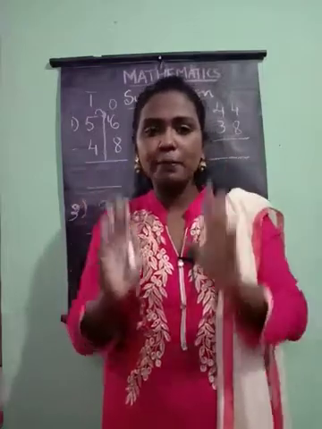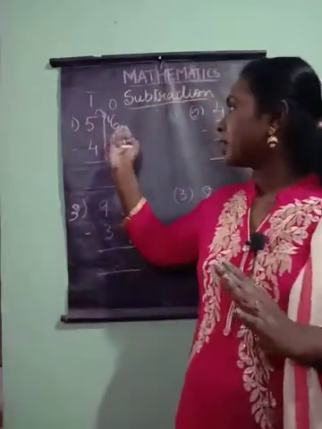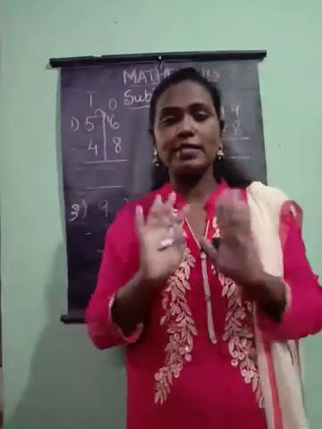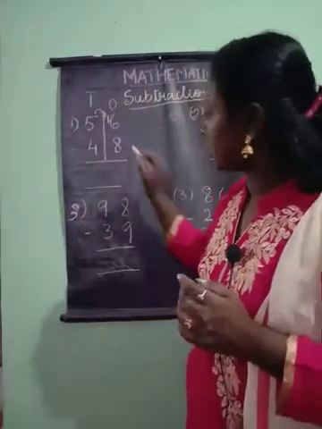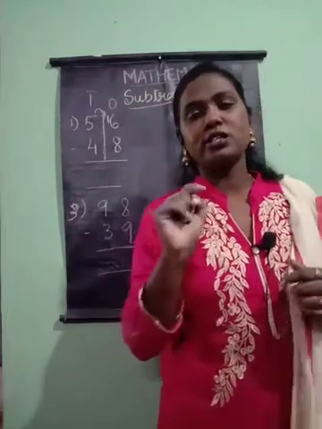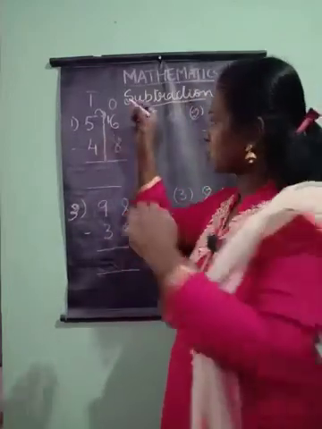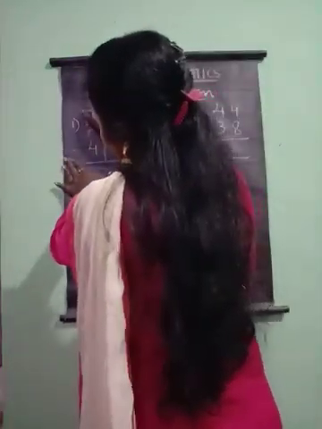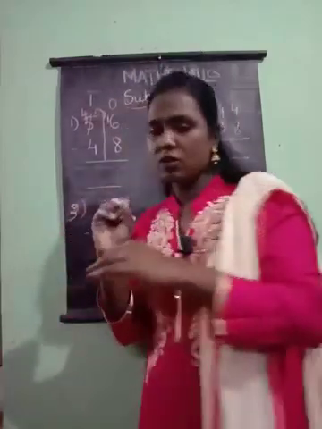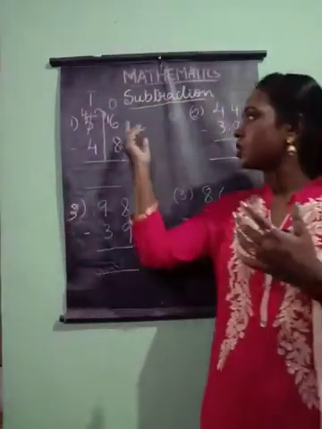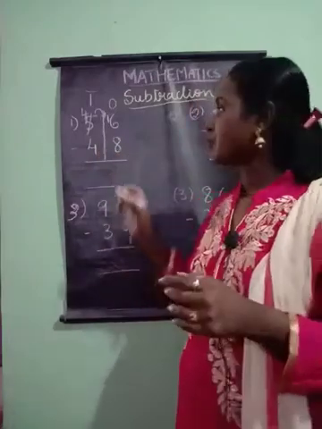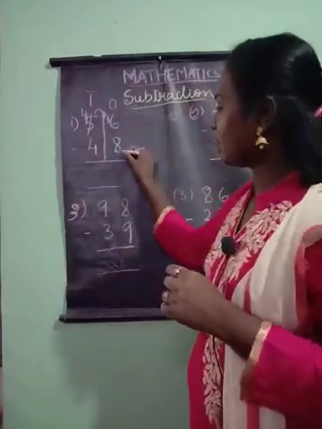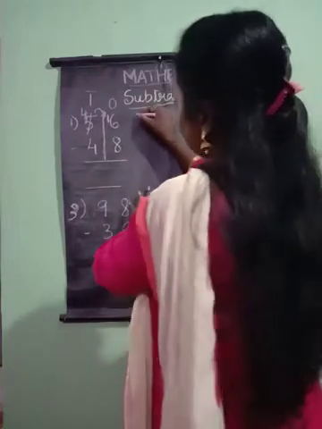So students, keep in mind, 6 becomes 16, not 7. I am writing 1 just here so that you remember that 16. Now 5 becomes 4 because 5 gave a carry to 6, right?